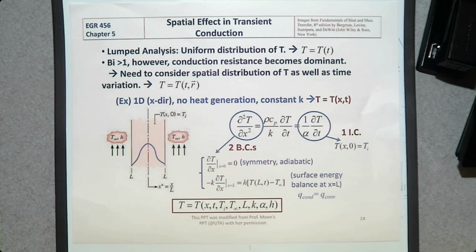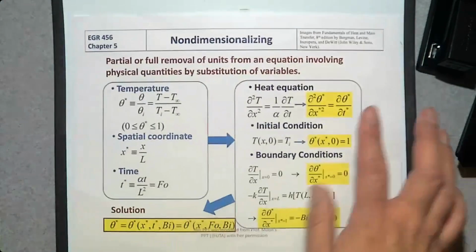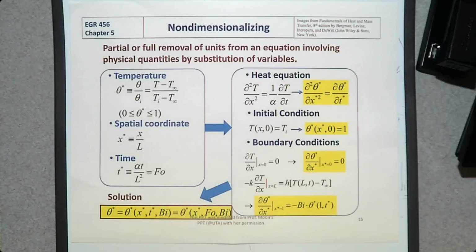So, can we solve it? Yes, we can solve it. How? We have those geniuses in the Pierce Hall. Who are they? Yeah, math. The people in math solved this problem, okay? Not surprisingly, they can do that. So instead of solving that equation as is, they use a dimensional analysis.